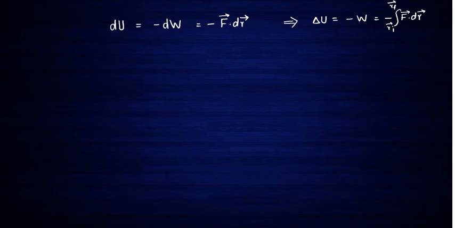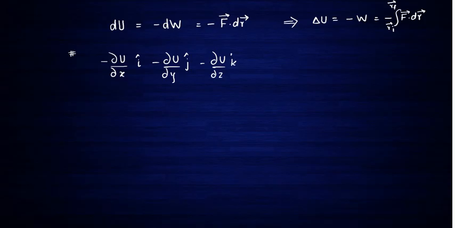So here, if the potential energy function is given as x, y and z coordinates, then we can write down minus dou u by dou x i cap minus dou u by dou y j cap minus dou u by dou z k cap. So this happens to be equal to the force F.